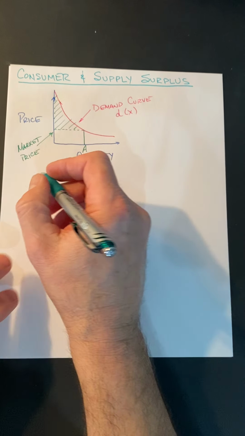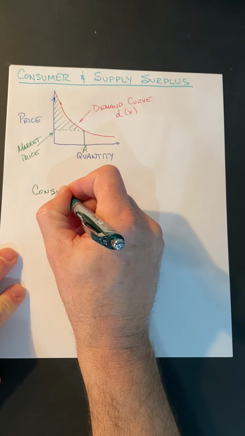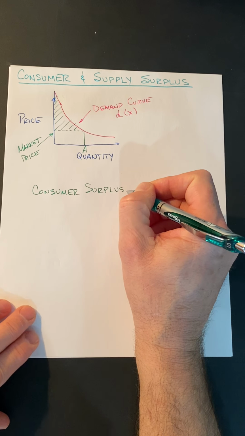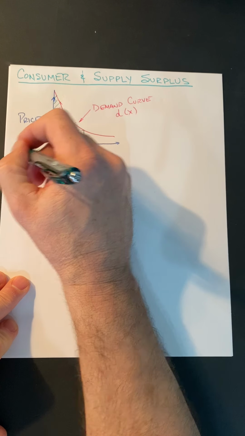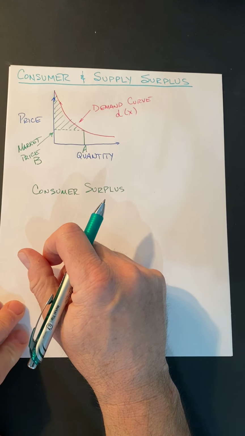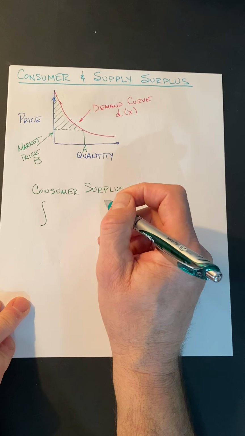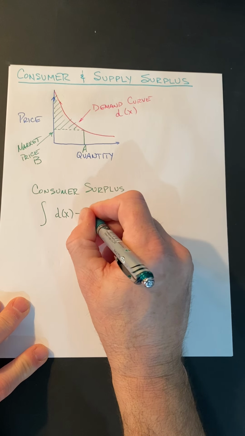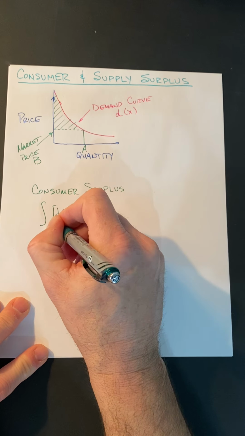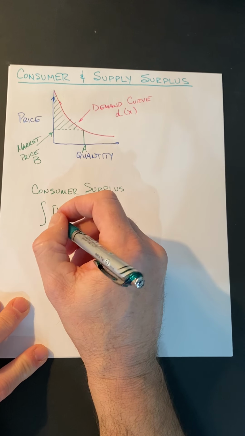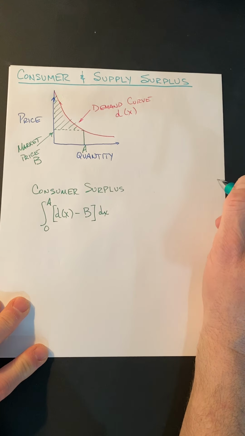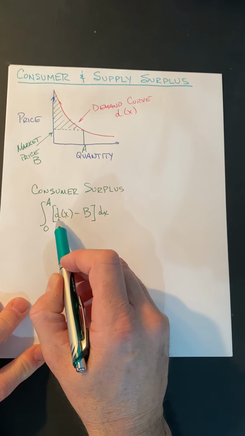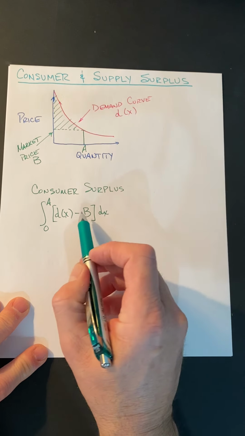So when we're looking to calculate consumer surplus, we are going to have an equation, and this market price they're going to call B. We're going to integrate the demand curve minus the market price, dx from 0 to A. So we go from here to this demand level, and integrate the demand curve minus the market price.